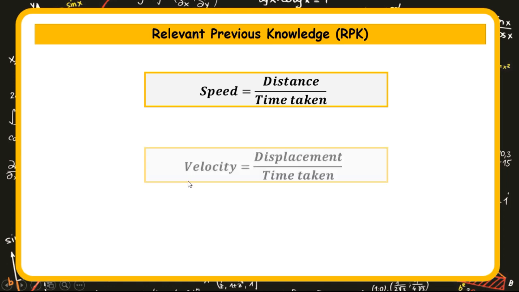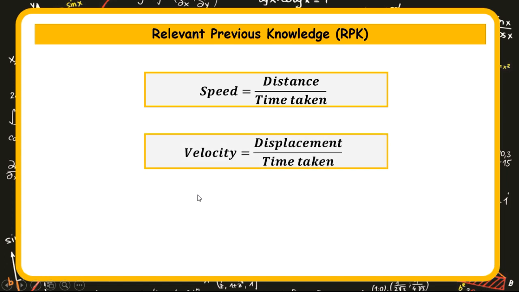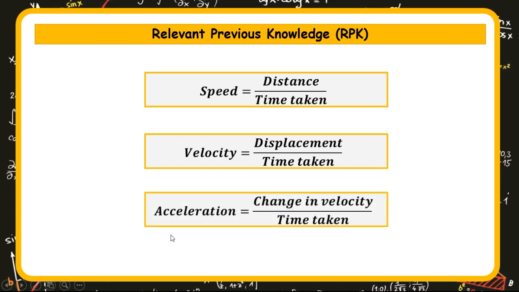We did also see that velocity was equal to displacement over time taken. Lastly, acceleration was also equal to change in velocity of a body over time taken. This will be needed in today's lesson.